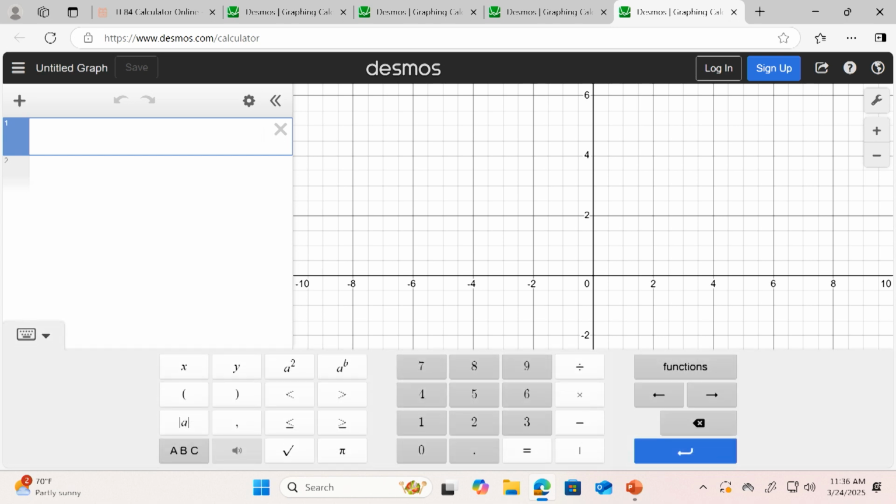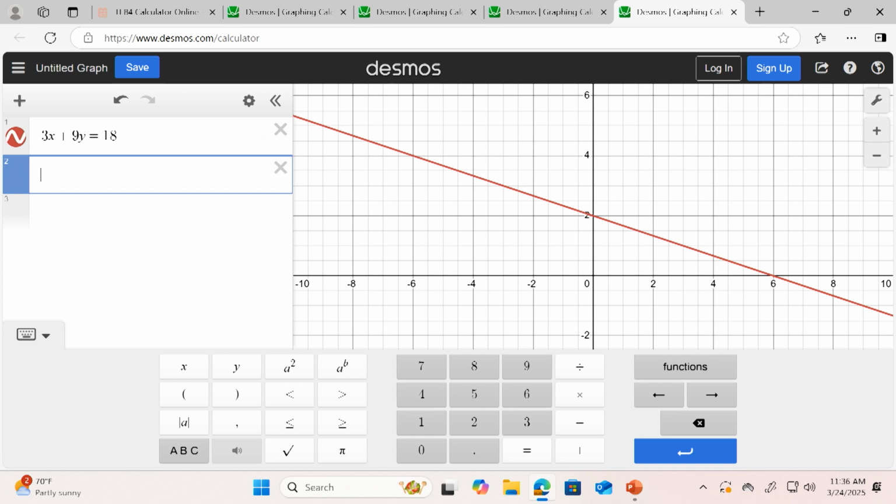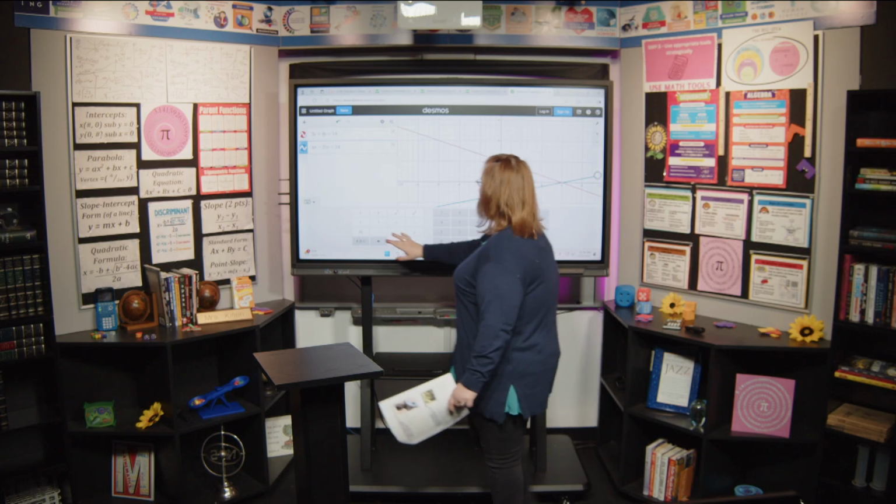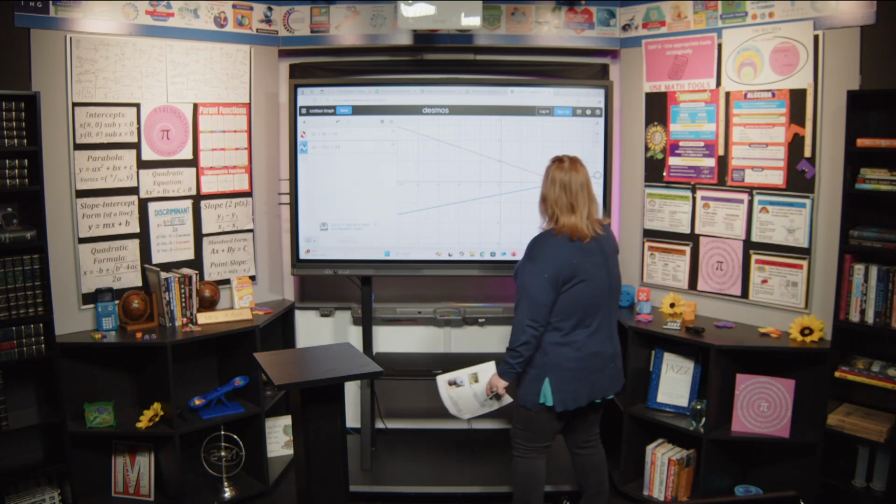So I'm first going to put in my t line, which is 3x plus 9y equals 18. Then I'm going to put in my p line, which is 4x minus 20y equals 24. So I can see right away where these two intersect.